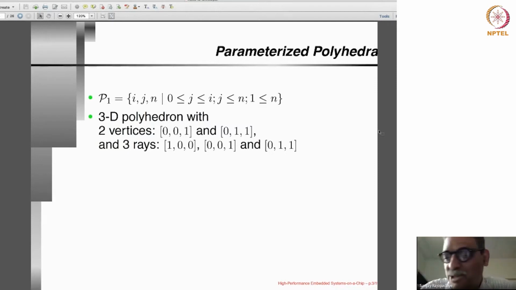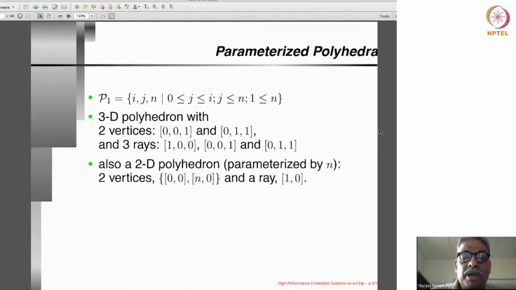I say high school geometry because when I teach over here, people may not have seen our standard stuff in middle school. But you have this notion of some number of vertices. You do not have an idea of what are rays, and I do not want you to worry about that right now. Okay. If you have a three-dimensional polyhedron like IJN, where n is a special index, you can think of it as a three-dimensional polyhedron, or you can think of it as a two-dimensional polyhedron whose vertices are functions of n.